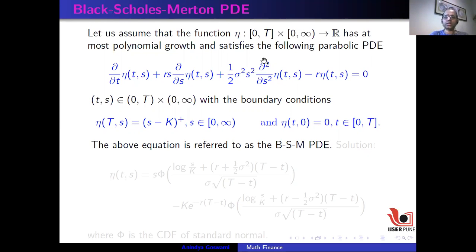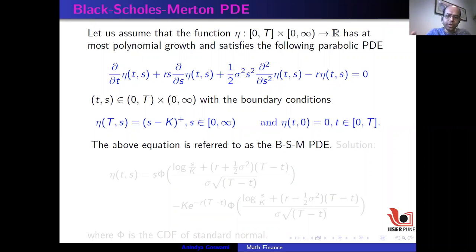But that is too restrictive, because we know that, for example, for the call option curve, eta is strictly increasing. Actually, it is above the S minus K line. That is, eta of t, S is more than S minus K. So because of unboundedness, you cannot put the sup norm, but you have to come up with some other norm, and then weighted norms, etc., are considered.